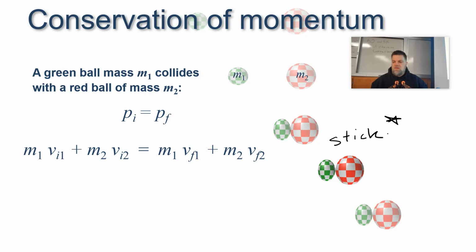They stick, and that means that they will have the same velocity. So if they stick during the collision, their velocity is going to be the same. Actually, it's going to be the same final velocity.